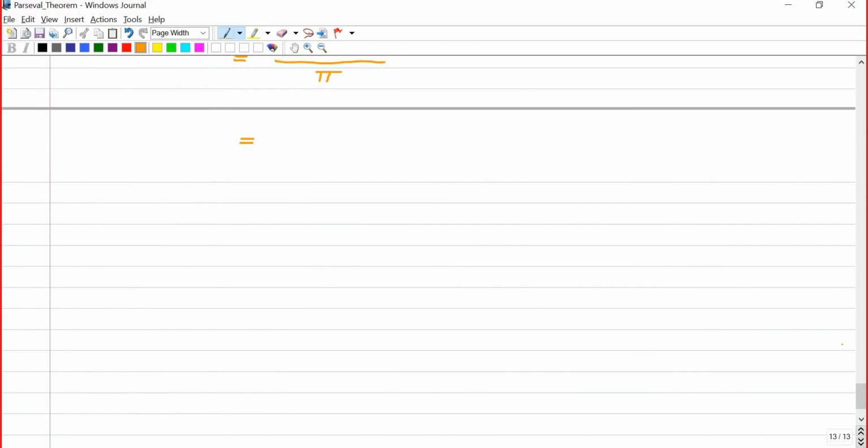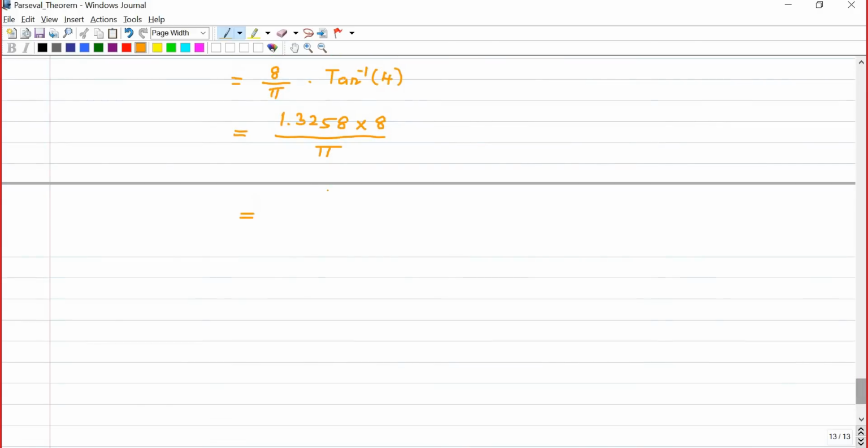What is the result for this? 3.376 joules. This is the energy contained in the specific band from minus 4 to plus 4 radians per second.